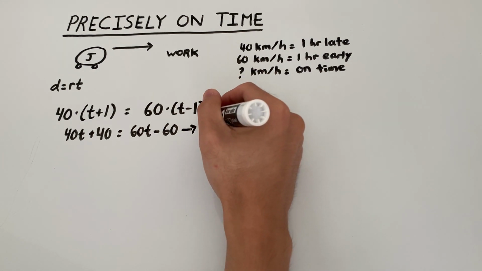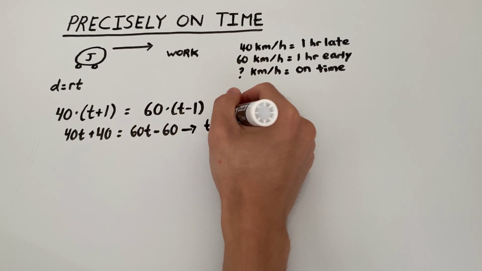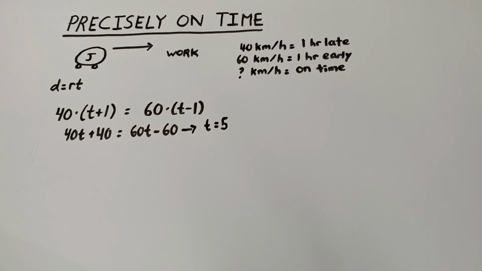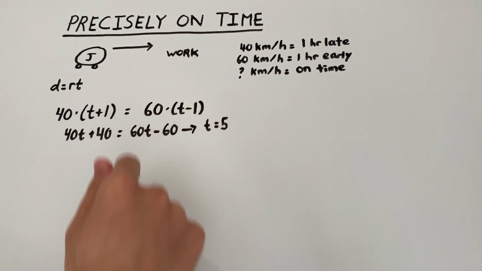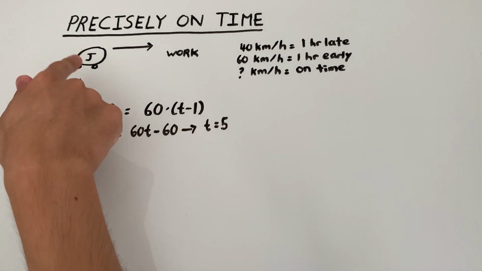And we'll find that T equals 5. So Jack's work is 5 hours away from his house.